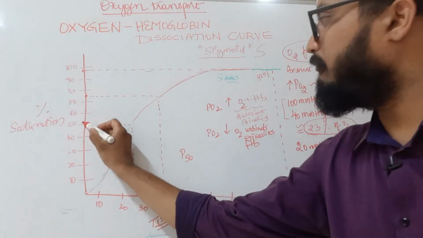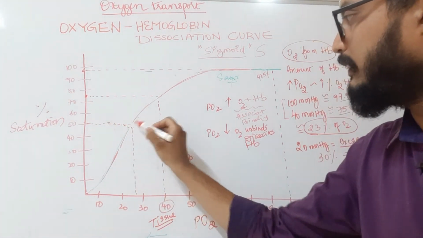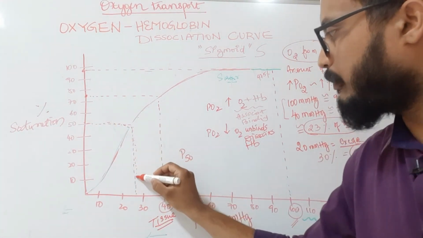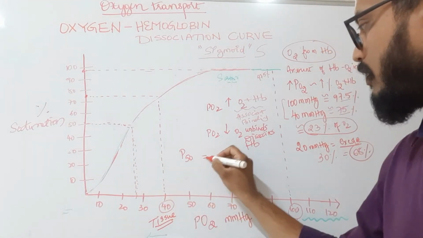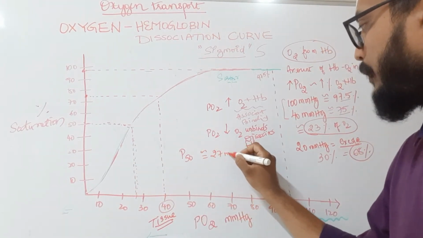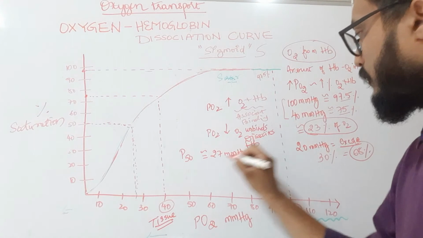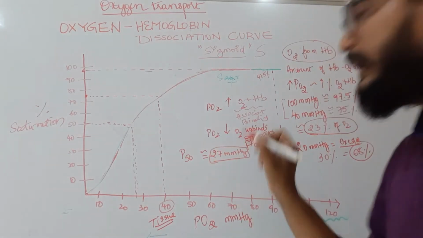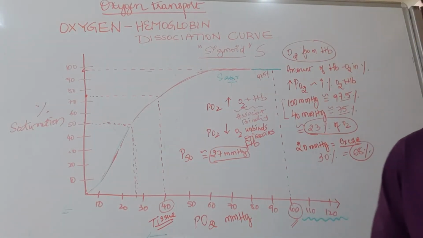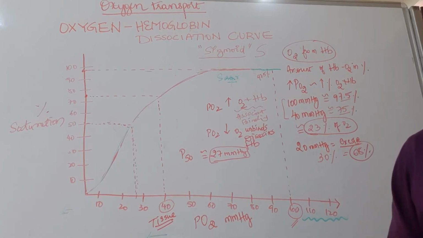So if you see, 50% saturation is normally seen at a partial pressure of 27 mmHg. So even at this very low partial pressure, hemoglobin is about 50% saturated.